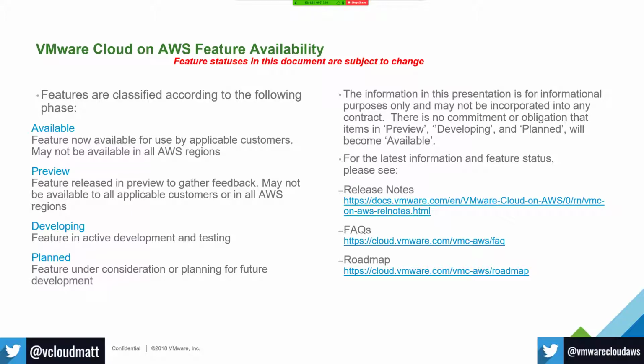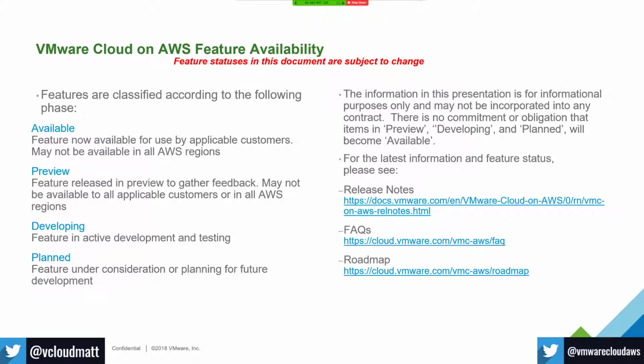Gone are the days where vSphere 6 to 6.5 was a couple of years. We announced a certain date and stuff. So we have a quarterly release that updates our entire stack. That's where we will upgrade versions of NSX or versions of ESX or any of those features.